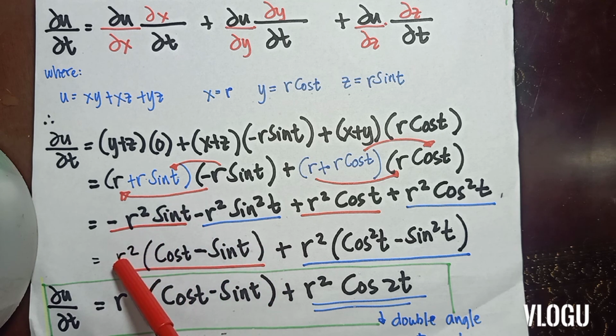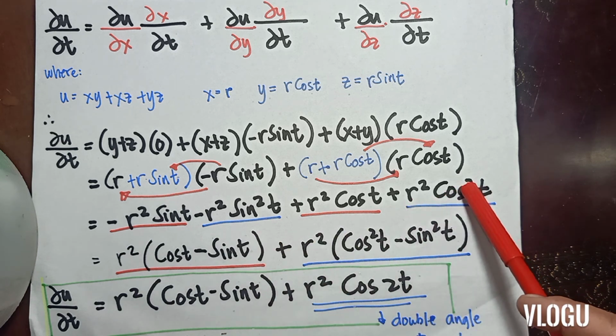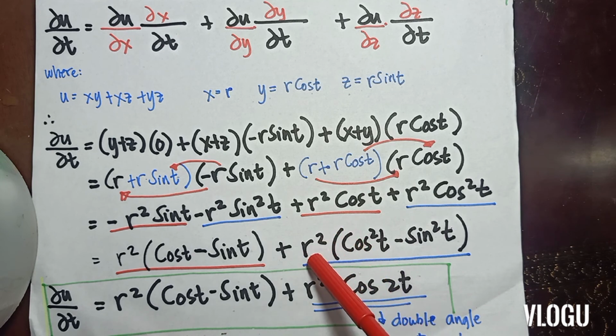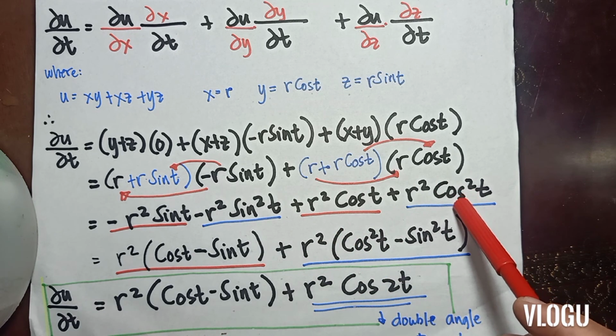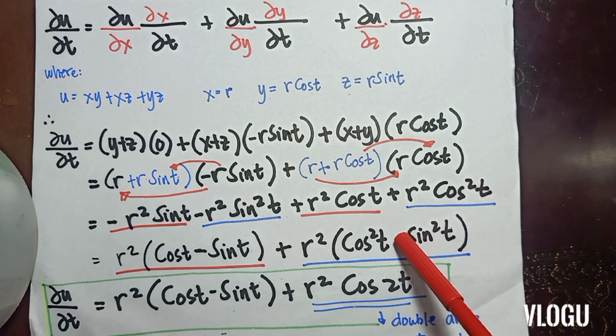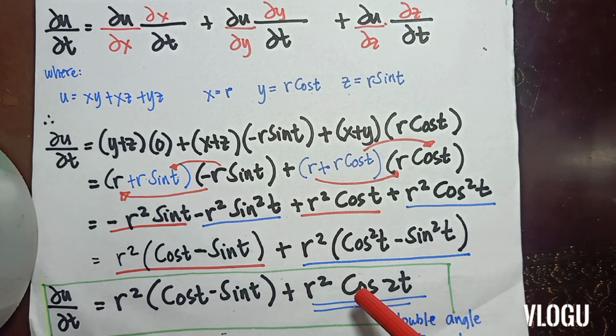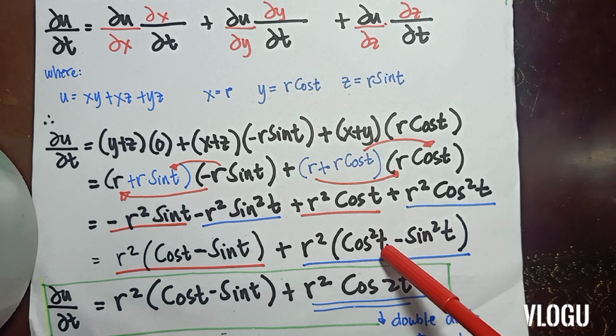I factor out r squared here, plus, combining the squared terms, r squared times cosine squared t minus sine squared t. From our identities, the double angle formula, cosine squared t minus sine squared t is equivalent to cosine 2t.